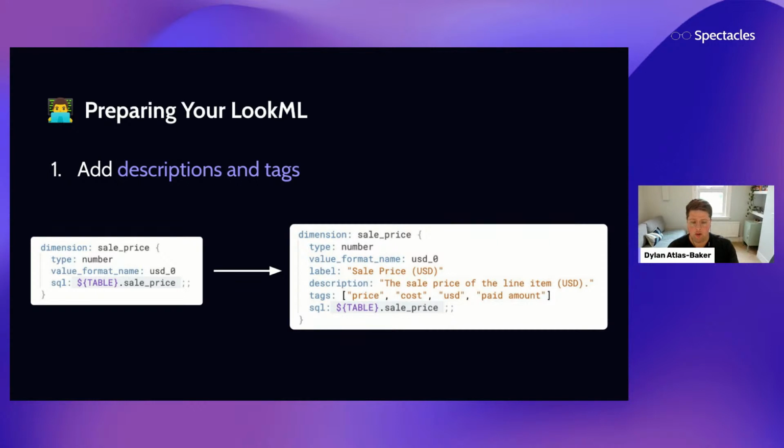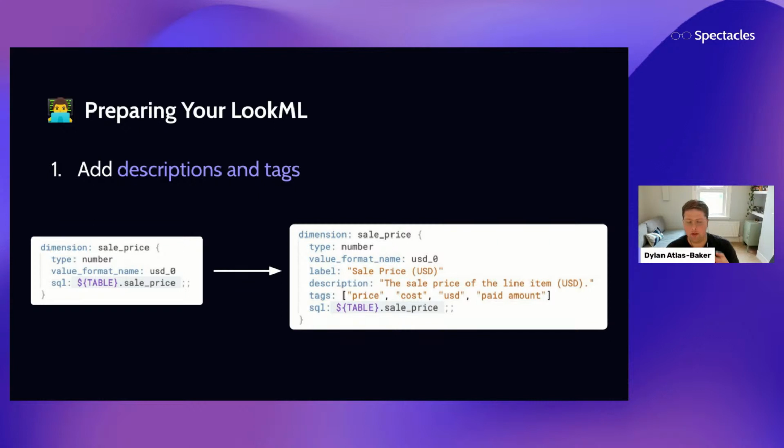As we saw in that prompt at the beginning of the webinar, when we stuff information about fields from an Explorer into a prompt, most tools are going to pull in things like the label, the description, and the tags. And these can have a massive impact on the accuracy with which the model is going to pick the right fields to use to answer a certain question.